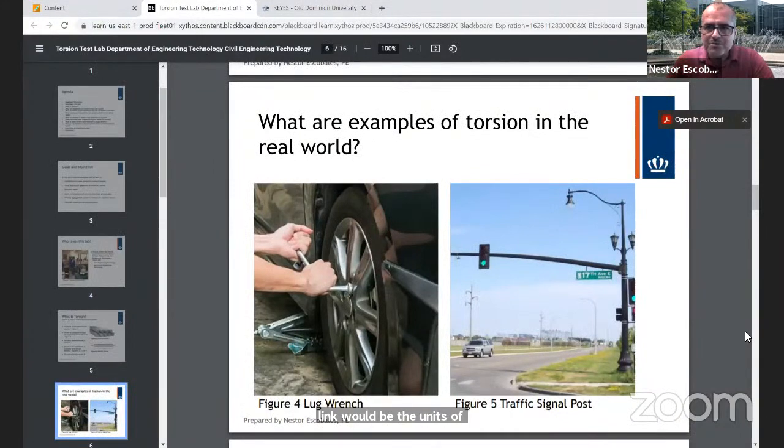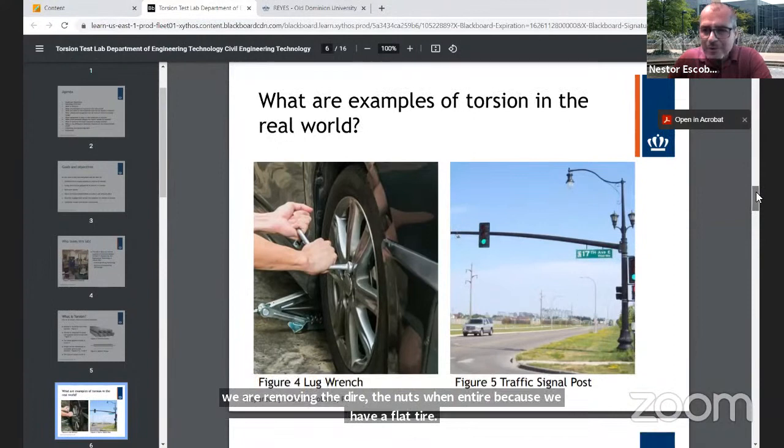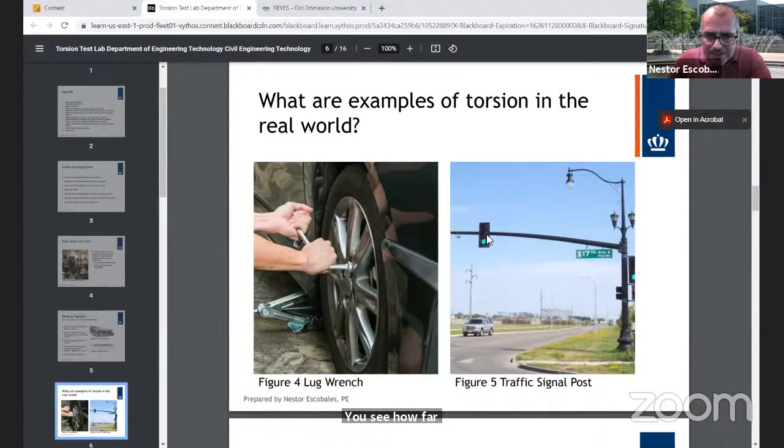Examples of torsion are when we are removing the nuts on a tire because we have a flat tire. You see how familiar we are with torsion. Look at this traffic signal mounted on a post. This traffic signal is a cantilever beam.